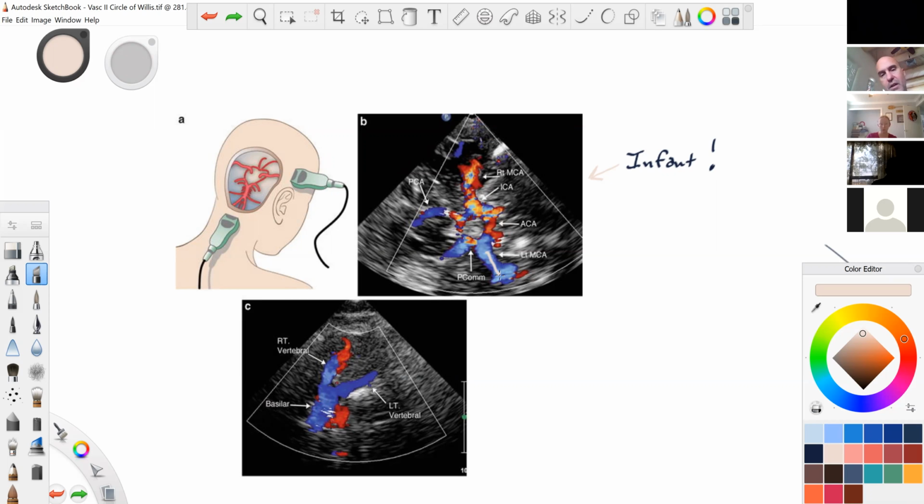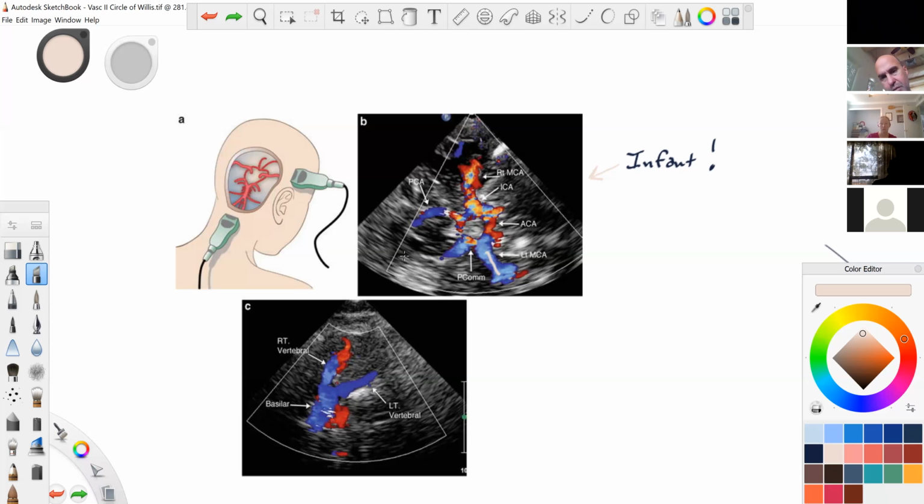The PCAs are, and this is why I mentioned P1 versus P2. Back to the original image.